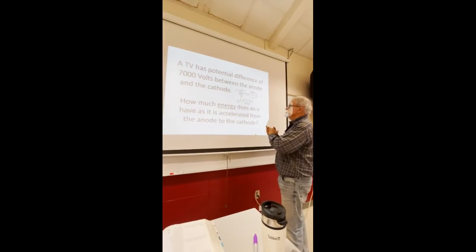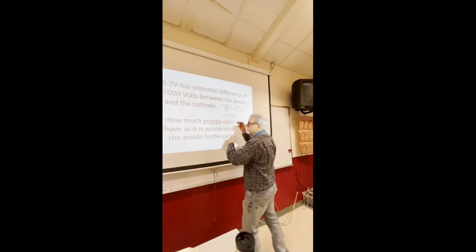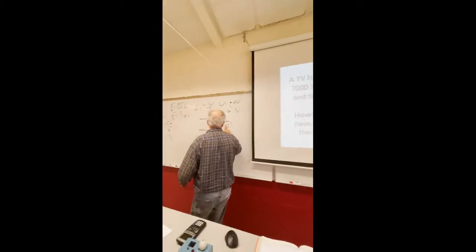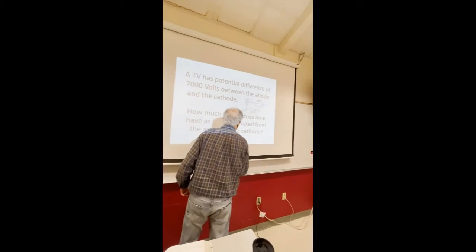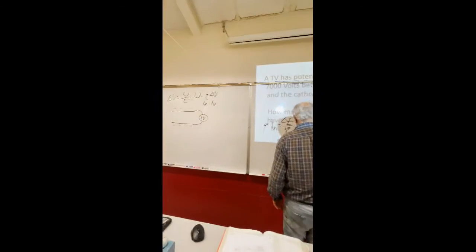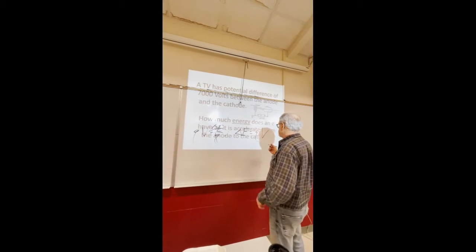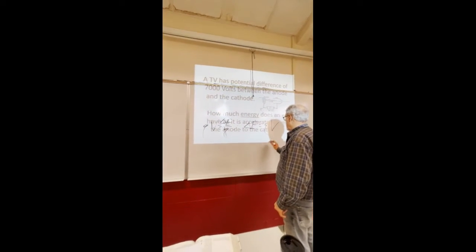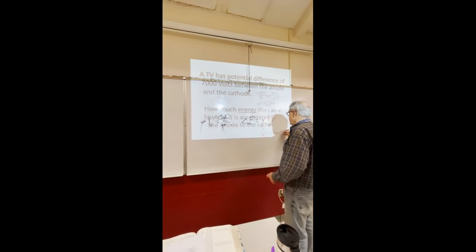All right. So if you've got 7,000 volts from here to here, instead of 1 volt, how much energy does an electron have? So this is 1 electron times 7,000 volts.